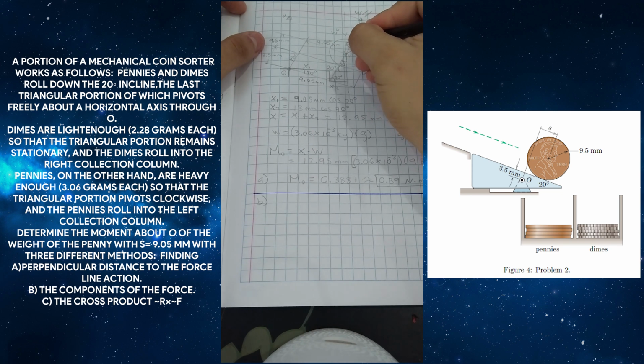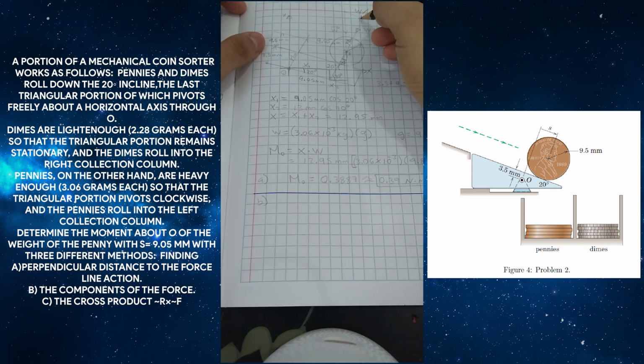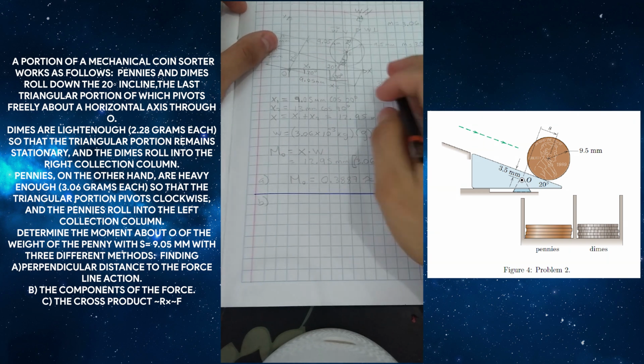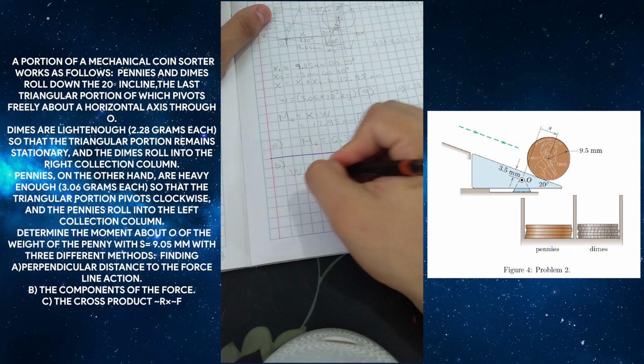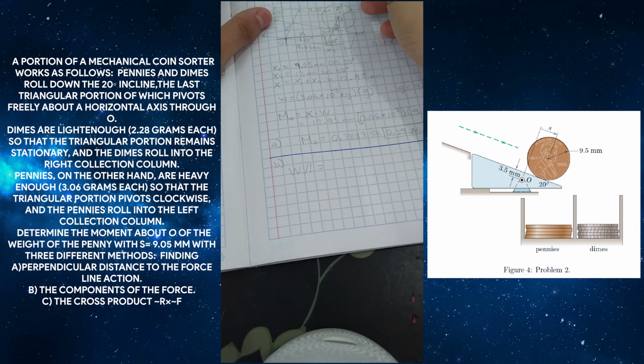and here we have a right angle. This is a right triangle, and this part of the triangle, that is W parallel, is the opposite of the angle.